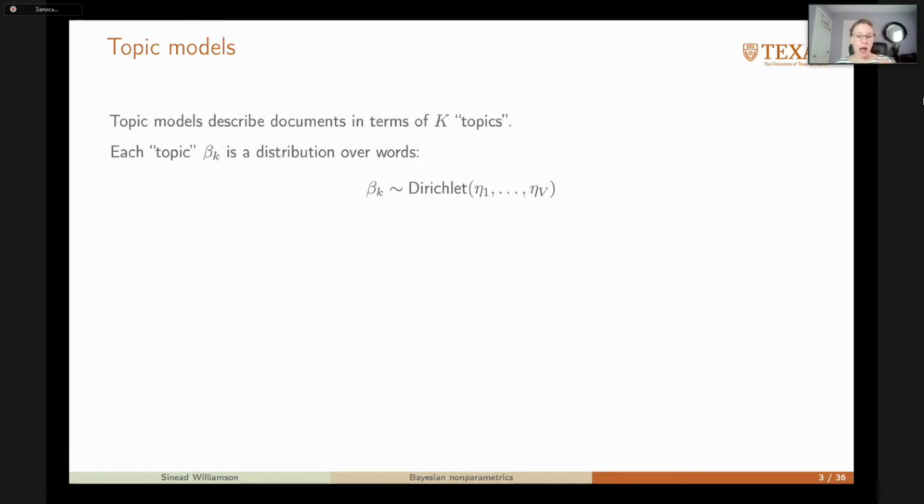So how many of you have either come across or worked with topic models? Things such as latent Dirichlet allocation for capturing topic behavior in documents.